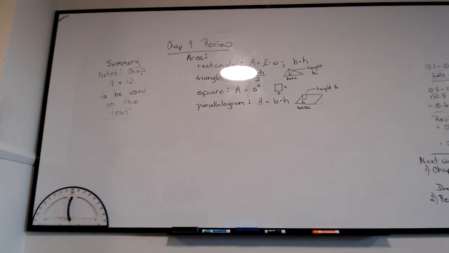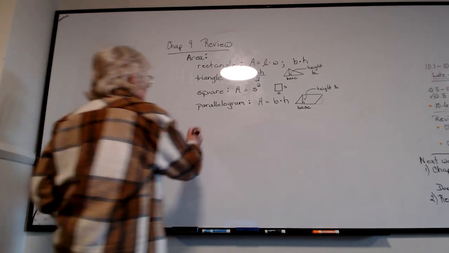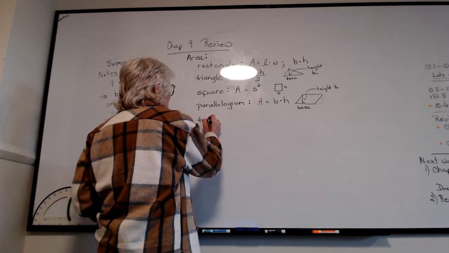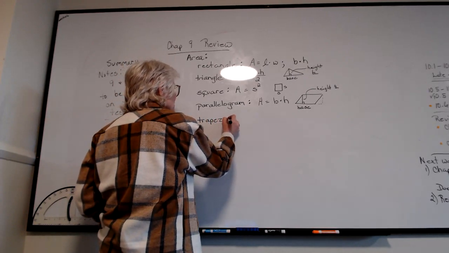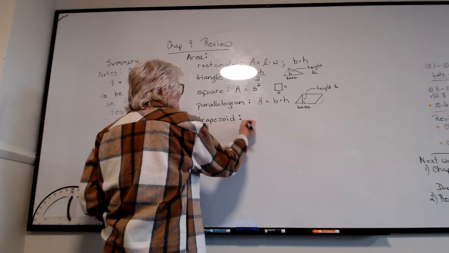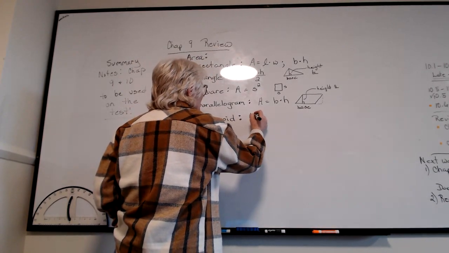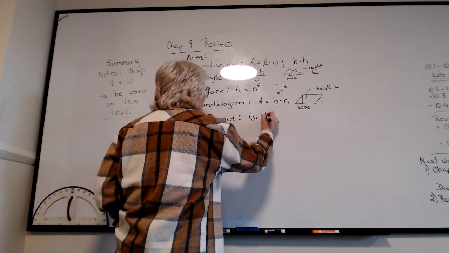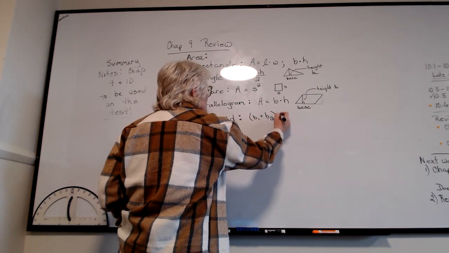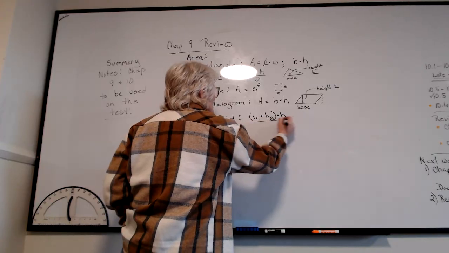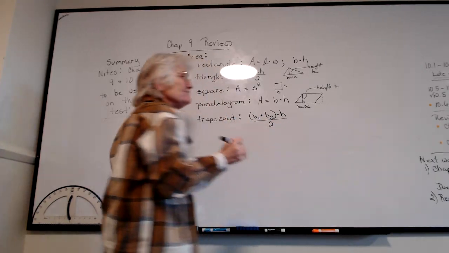Then the last one, which you forget quite often, is a trapezoid. The trapezoid, which is one we use quite often, is equal to the base 1 plus the base 2 times the height divided by 2.